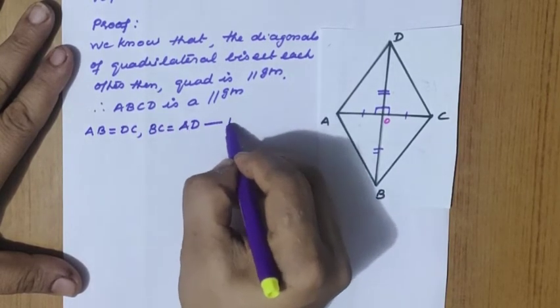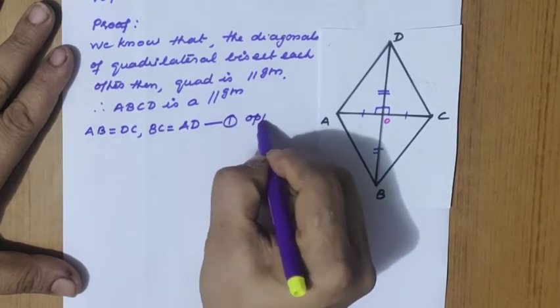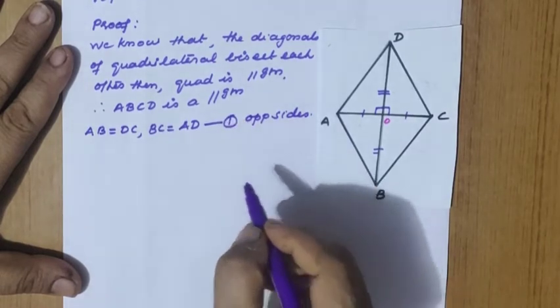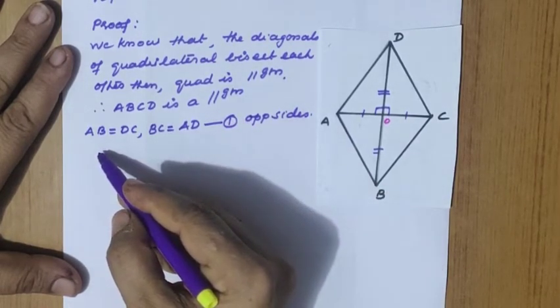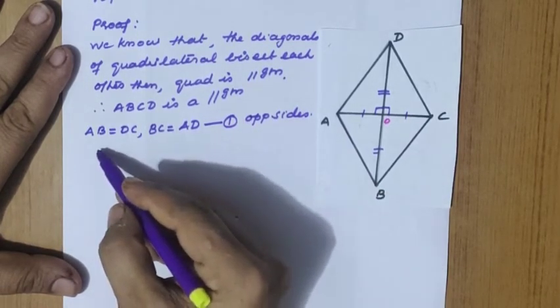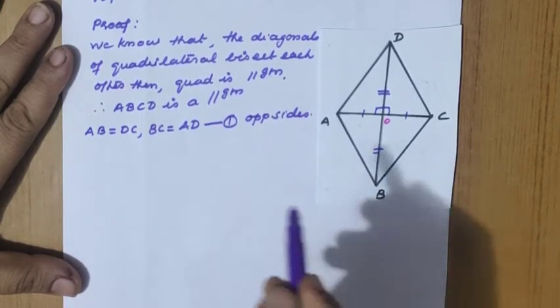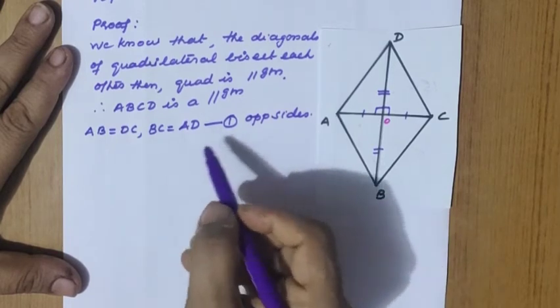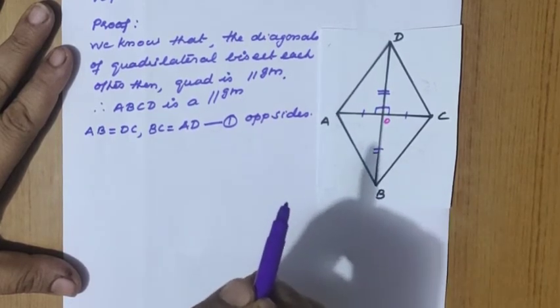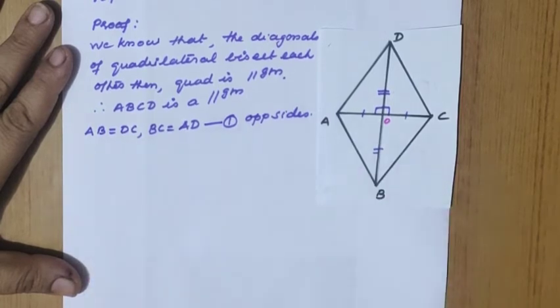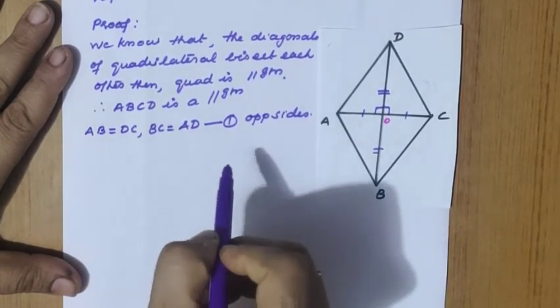This I'll make equation number 1, and the reason is opposite sides, because we have written here ABCD is a parallelogram, so directly we can write opposite sides are equal. So I have taken AB equal to DC and BC equal to AD. We need all the four sides to be equal. Now we got two pairs of opposite sides equal only. We have not got that AB equal to BC, right? So opposite sides only we got.